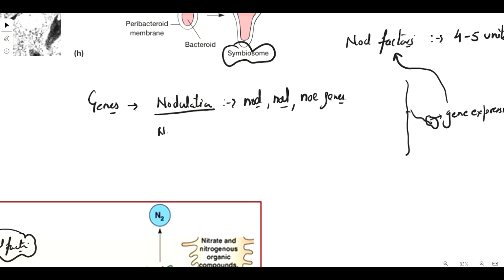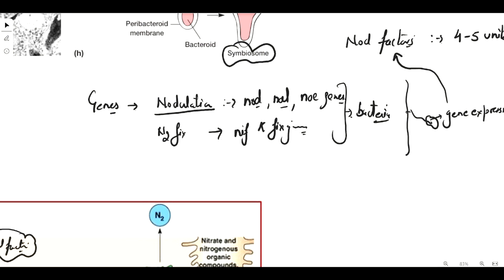If we talk about nitrogen fixation, then we need nif genes and fix genes. All these genes are present in the Rhizobium bacteria, and their location on the genome also varies from one bacterium to another. So this is all the story of nitrogen fixation in the leguminous plants by the Rhizobium bacteria.